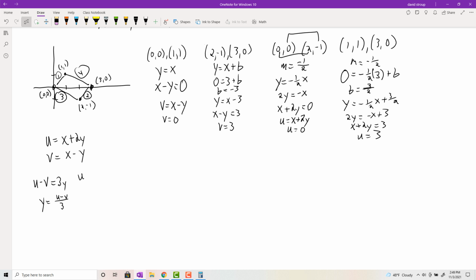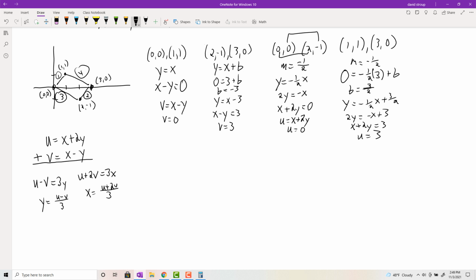And then if you go u plus 2v, I believe, you'll get 3x, and then you got x equals u plus 2v all over 3. And all I'm doing is just adding or subtracting column-wise to figure those formulas.